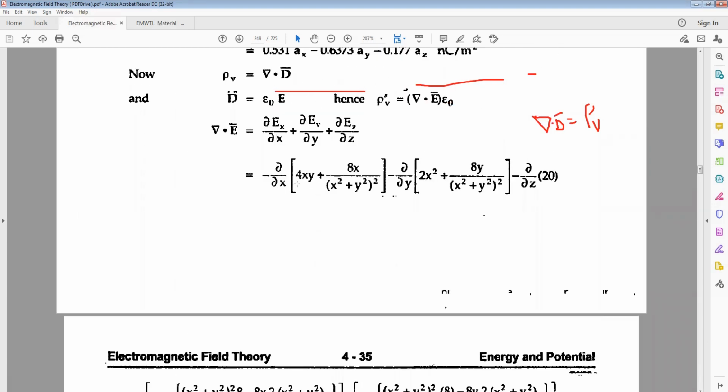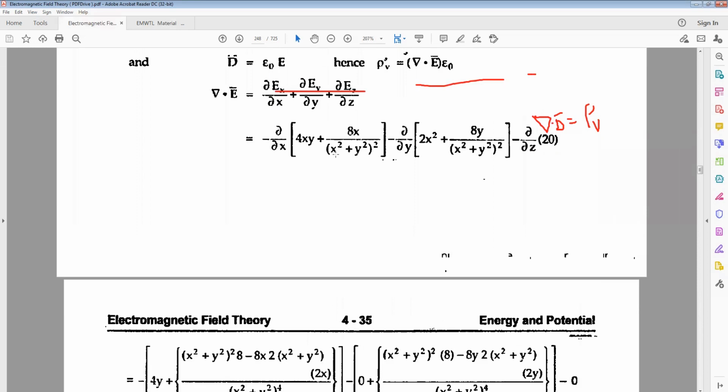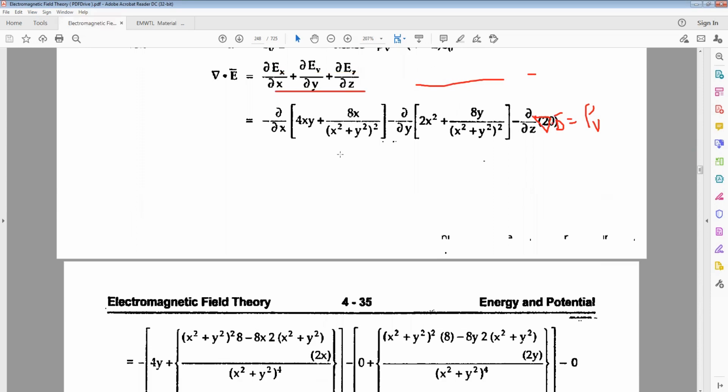So with dou by dou x, you get 4y as the first term. Second term, the numerator has x and the denominator also has x. You can apply the u by v rule. First take x square plus y square whole square, then apply the numerator derivative: 8x, keep 8 as a constant, and apply the derivative for x square plus y square whole square, that is 2 into x square plus y square into 2x, which gives 4x into x square plus y square.